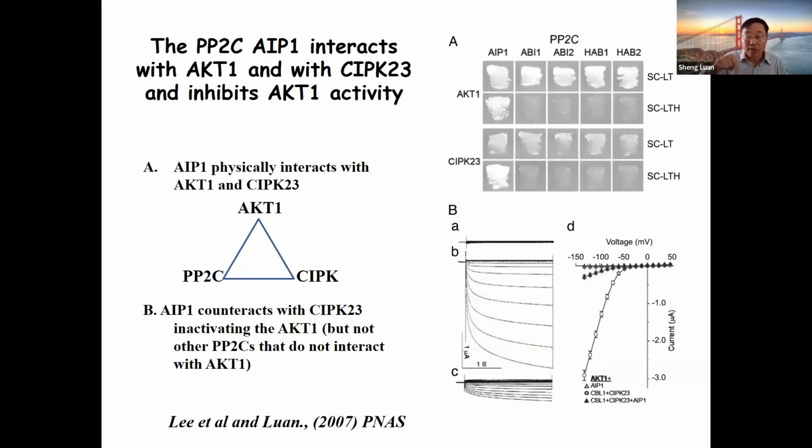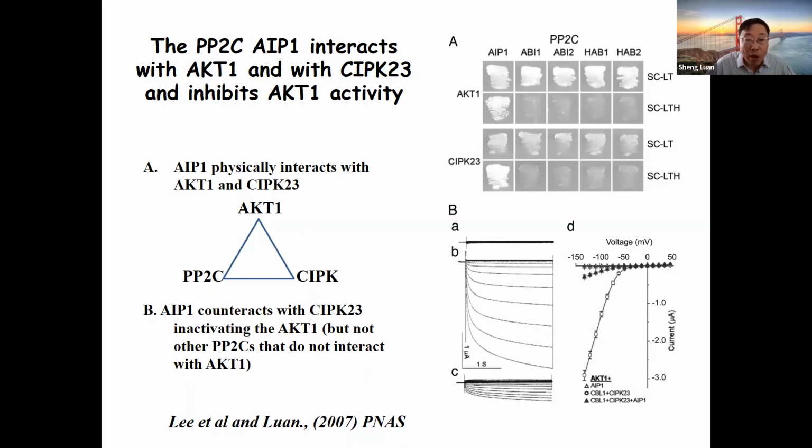It's always on and off; the full cycle involves activation and inactivation. So in this case, we identified a PP2C type protein phosphatase that interacts with not only AKT1, but also with CIPK23, forming a physical triangle.